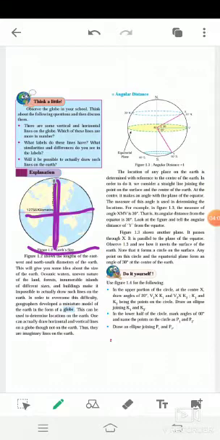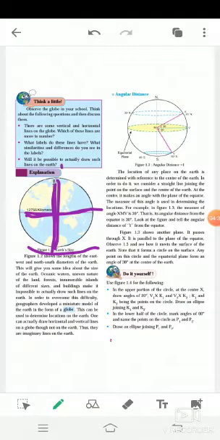Now to get an idea about the earth size, it is divided into 4 equal parts: east, west, north, south. Now this is the earth size divided into 4 equal parts.